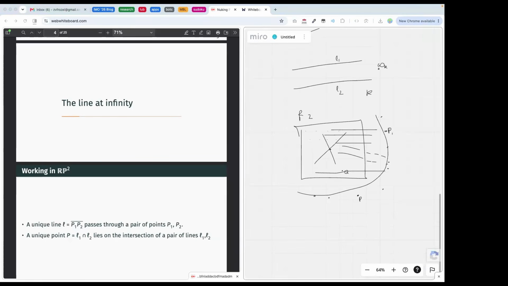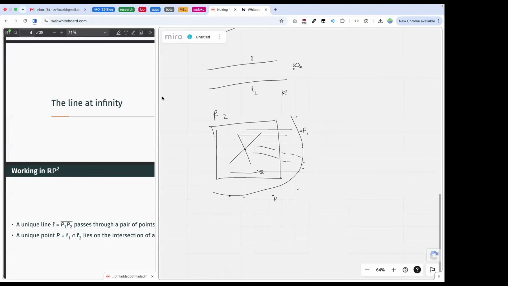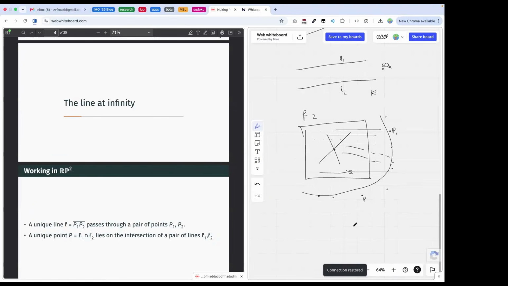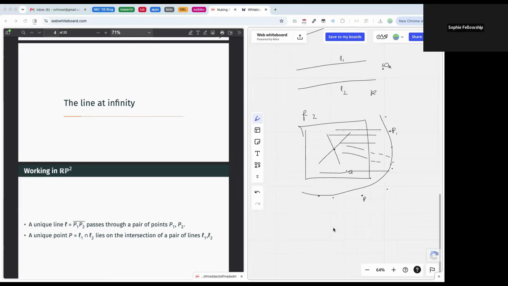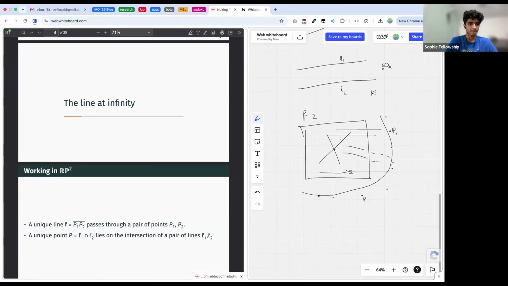Just give me a second. Okay. My screen's visible, right? Yes. Okay.